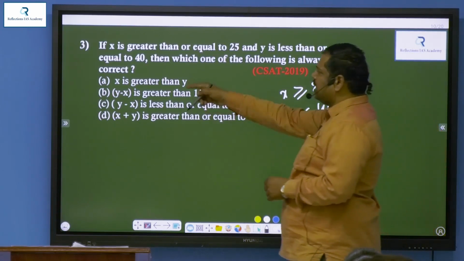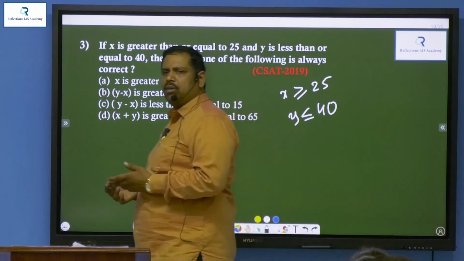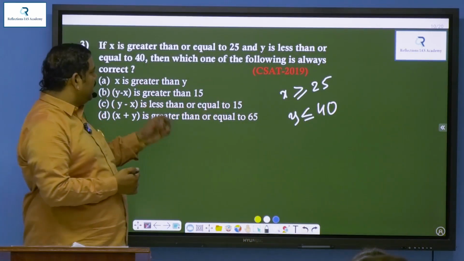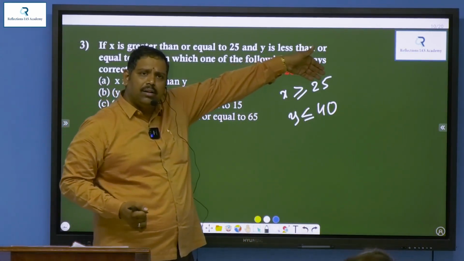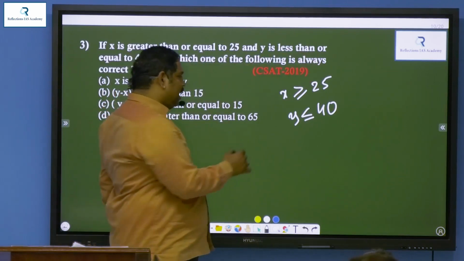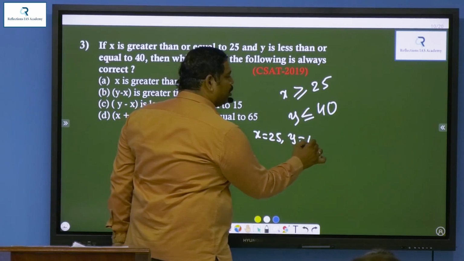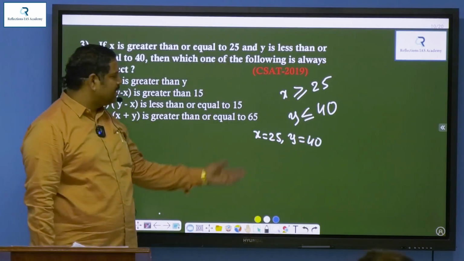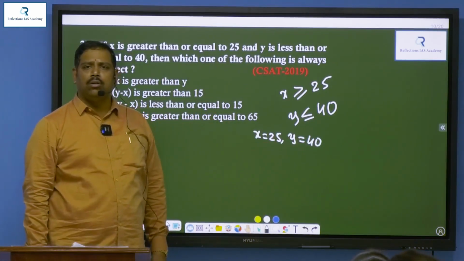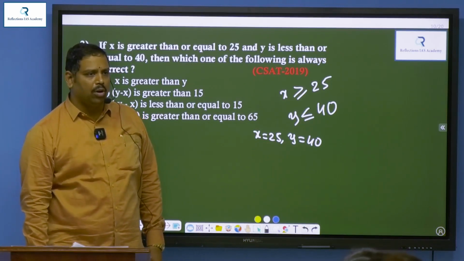First one, what he is saying, x is greater than y. I can't say. Why? Because x might be equal to 25. One case I am writing. x equal to 25 is a possibility and y equal to 40 is also a possibility, right or wrong? In this case, is x greater than y right or wrong? Wrong.